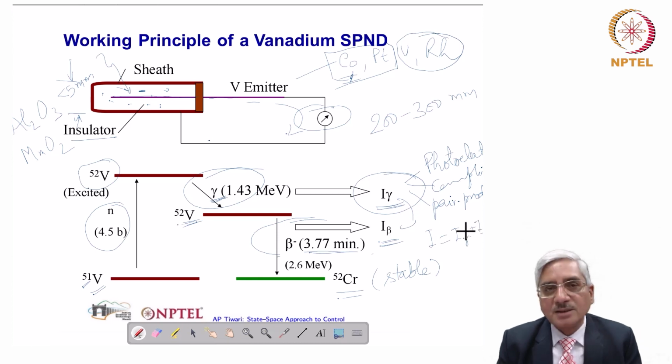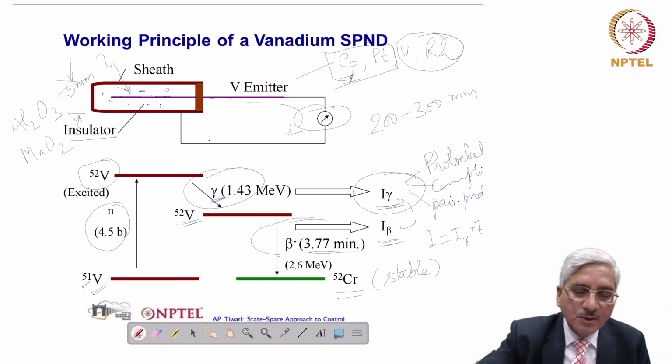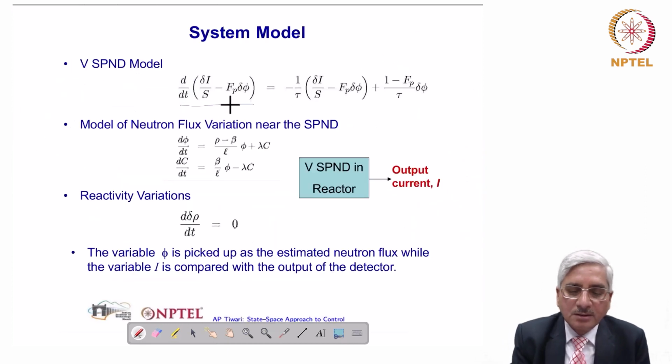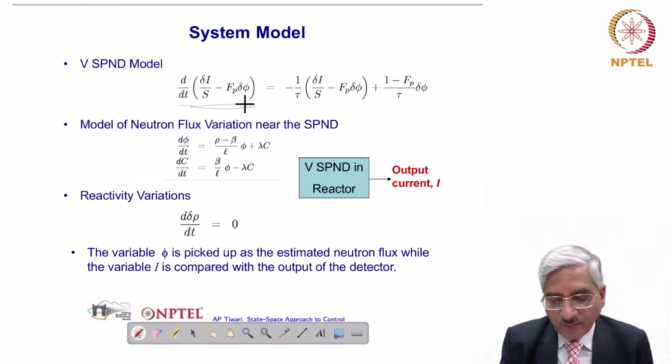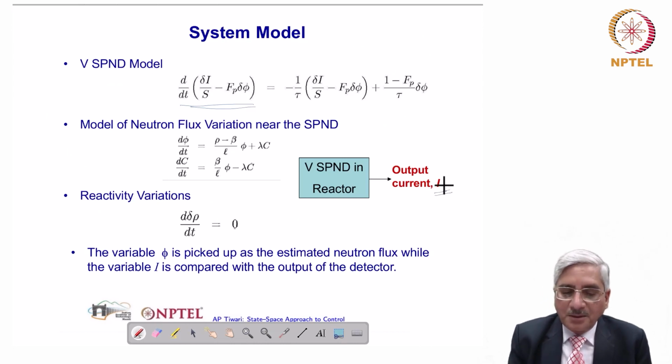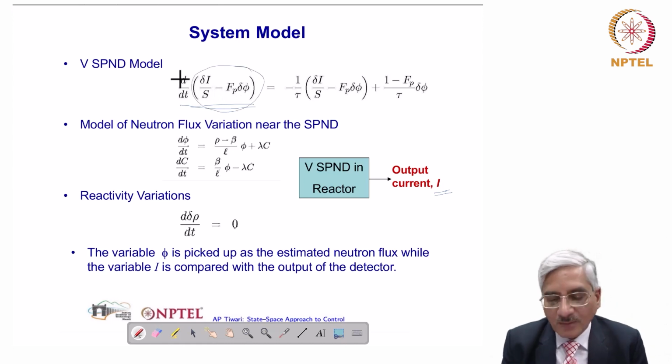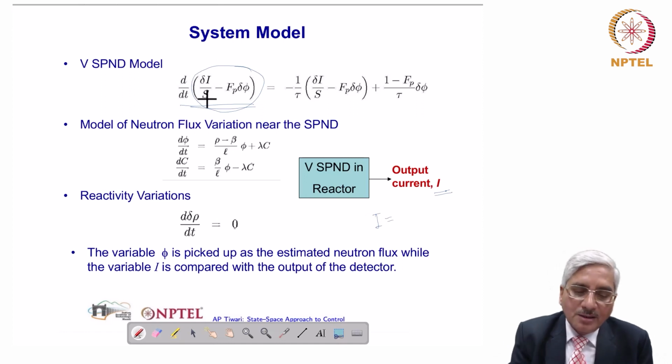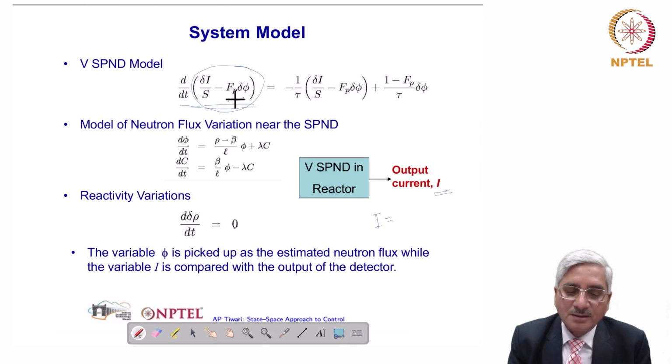This total current is actually reflected in the output, and it comes through some intermediate state variable.